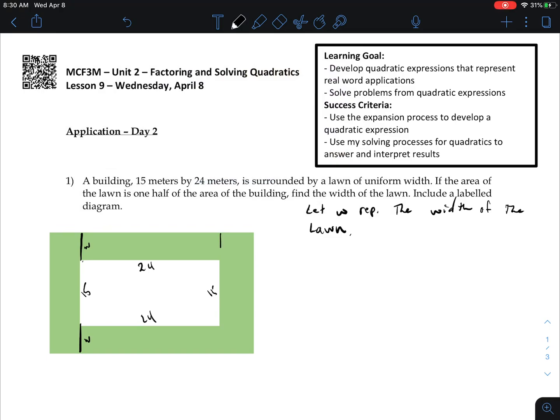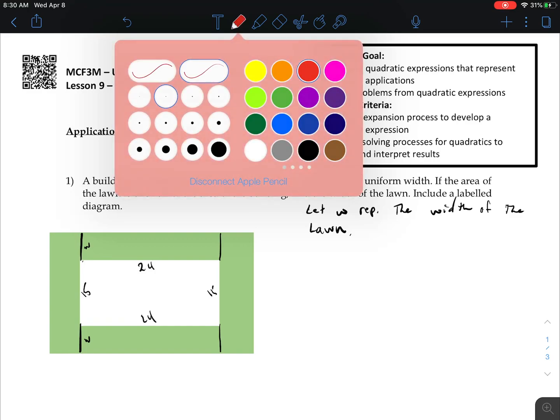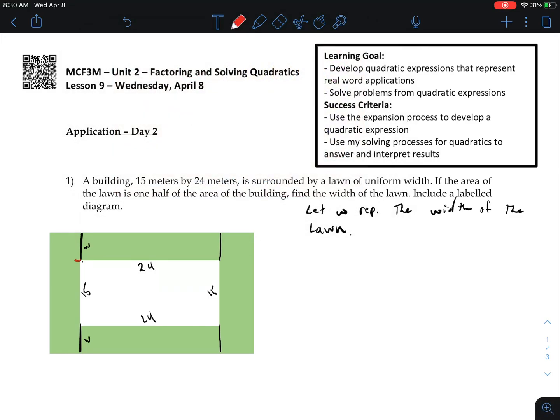And then that's also the same down here in this side, right? Because it's the same the whole way around. And then horizontally, I also have a width, right? It's the same width as the black ones. Okay.